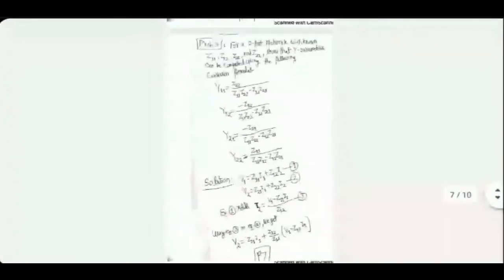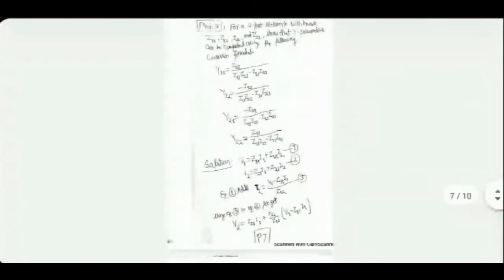Now, to get the other two formulas, what we do is we go back to equation 1. In fact, I went to equation 1 and wrote a formula for I1 from there. And I put it in equation 2.